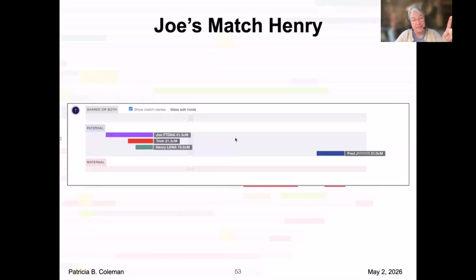So Trish and Henry have to triangulate on that segment, but I can't do it directly because they're not on the same company. But because I can put data from segments from all the different companies onto DNA Painter, I can see that. I probably wouldn't come out and put it in writing that they triangulate, but like I said, I only have one paternal chromosome 7, so they sort of have to.